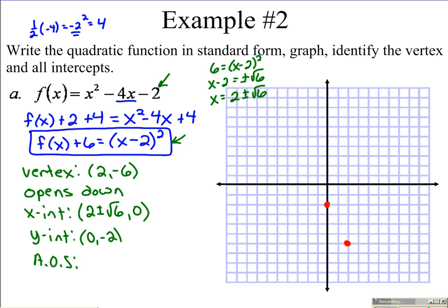Our x-intercepts, go ahead and plug those into your calculator to get the decimal approximations. So take 2 plus root 6 in your calculator. Take 2 minus root 6 in your calculator. You get about -1/2 approximately, and approximately 4.5.